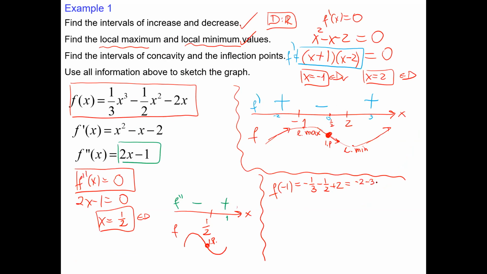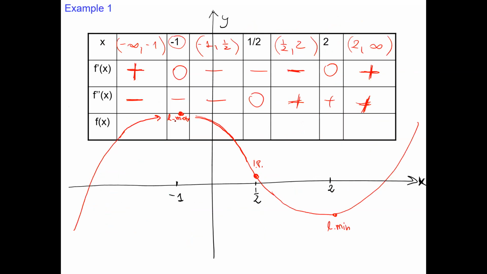Negative 2, negative 3, and 12. Am I right? Negative 1/3, negative 1/2, plus 2. And this will be 7/6. Okay, this value is 7/6. That means this will be the level 7/6.